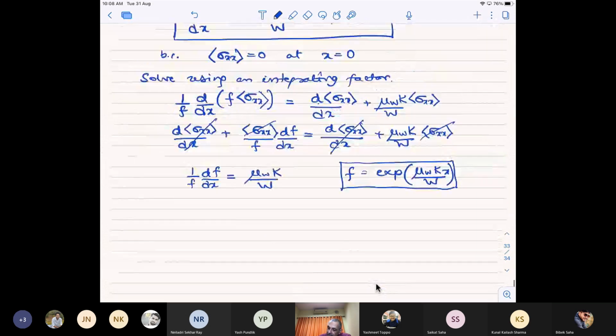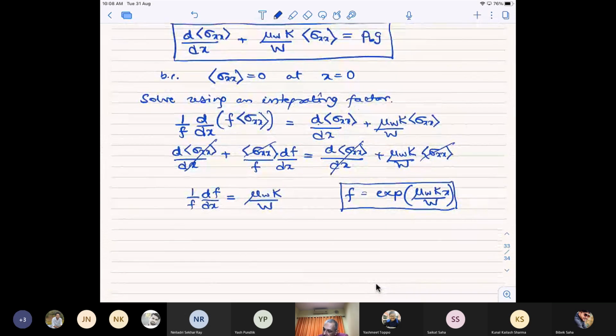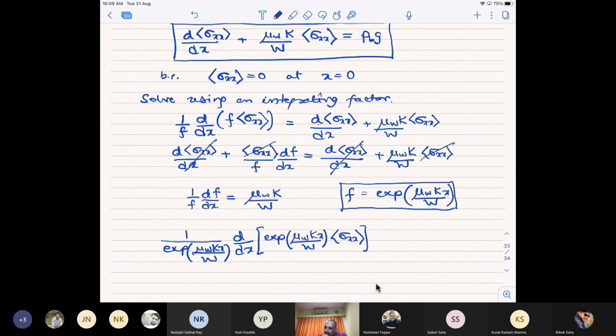On the left hand side now I have 1 divided by exponential of mu w kx divided by w into d by dx of the same integrating factor into the average of sigma xx is equal to rho b into g.